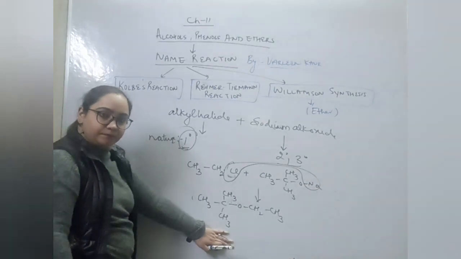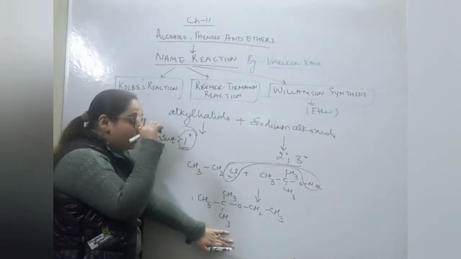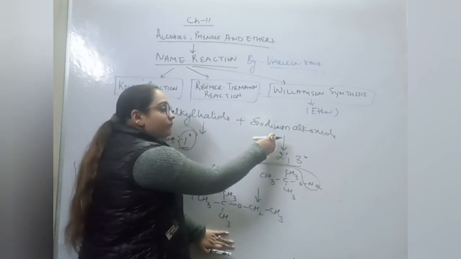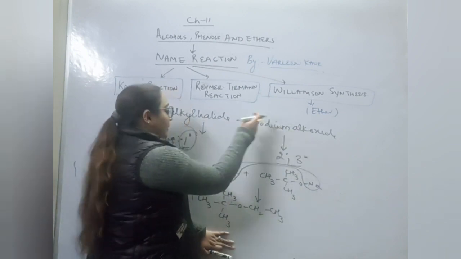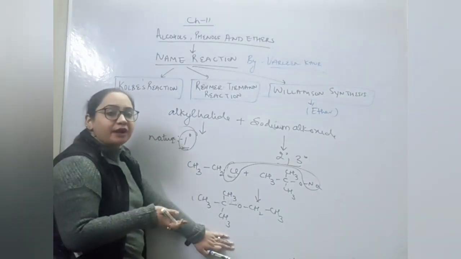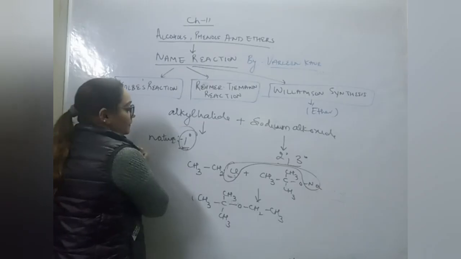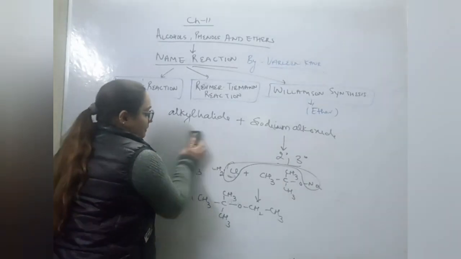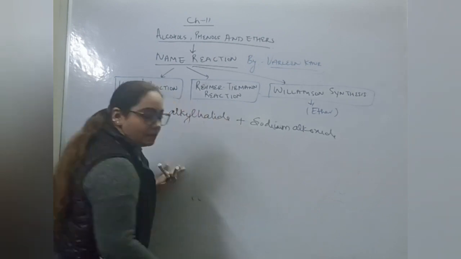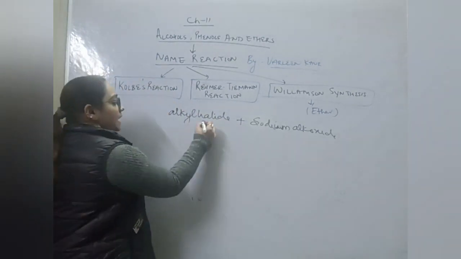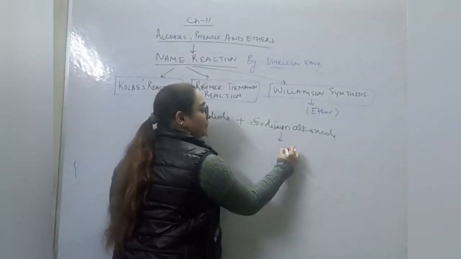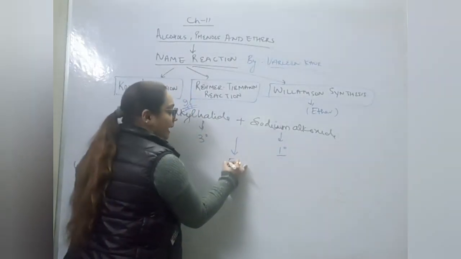this type of ether. Now what if I change the nature of sodium alkoxide as primary and this is tertiary? So what happens? The elimination reaction will take place. Now if I take this as tertiary, and this as primary, then what happens?